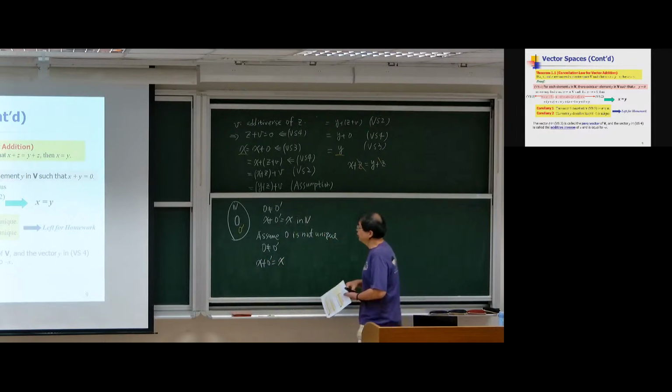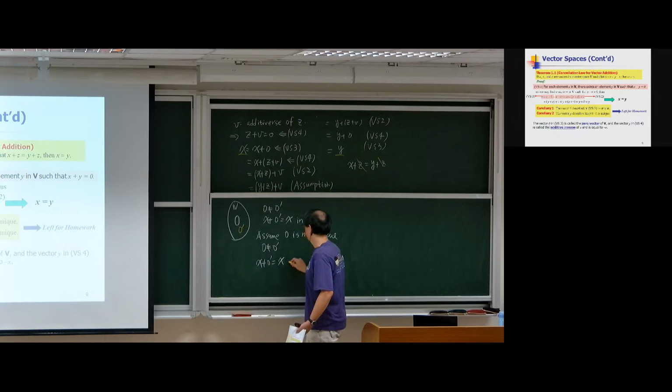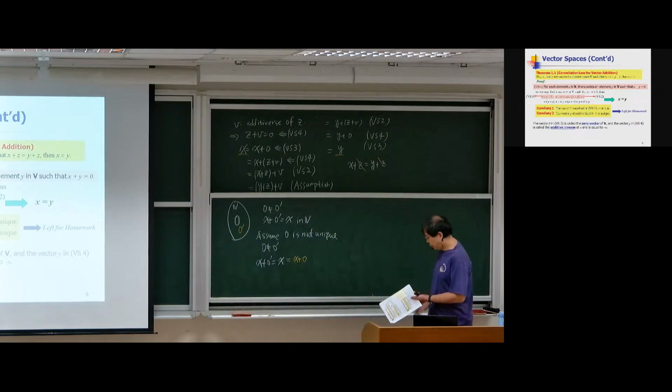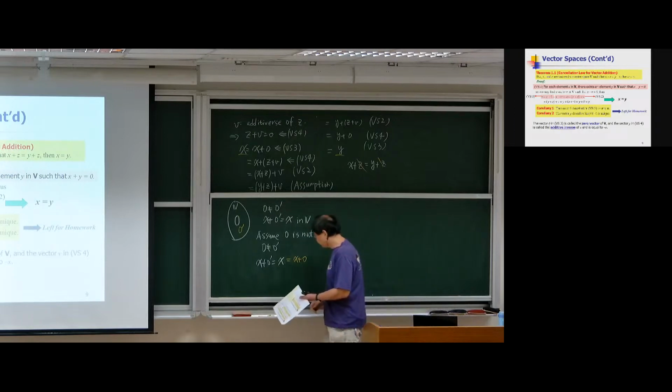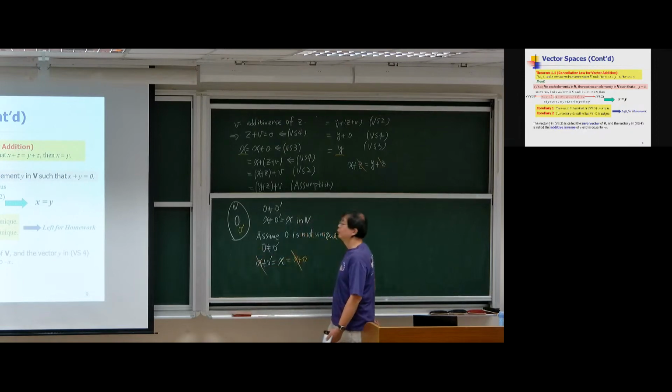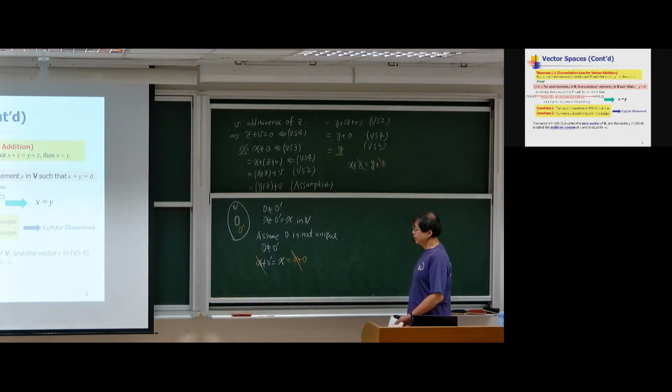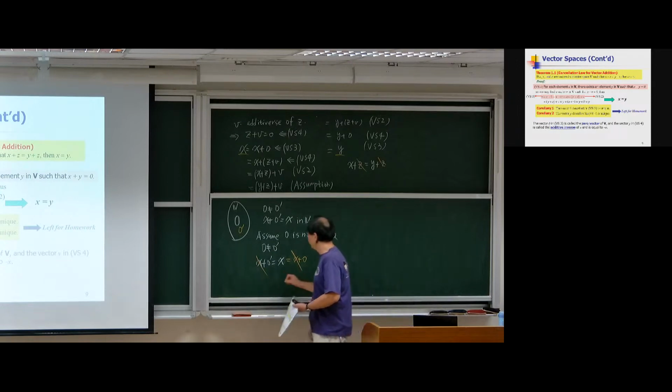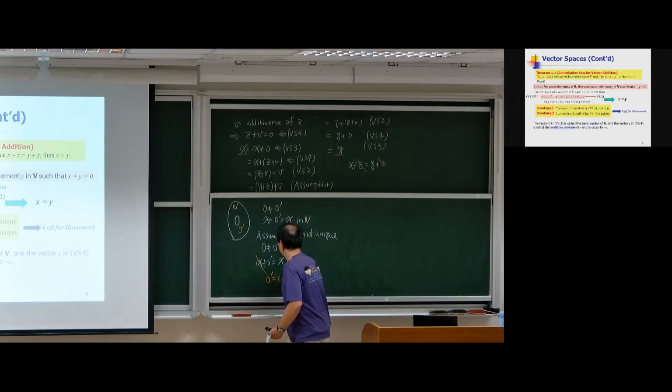But for the real 0, we know that it will be equal to x plus 0. Then we can use the cancellation theorem to cancel x, and we get the result 0 prime equals 0.